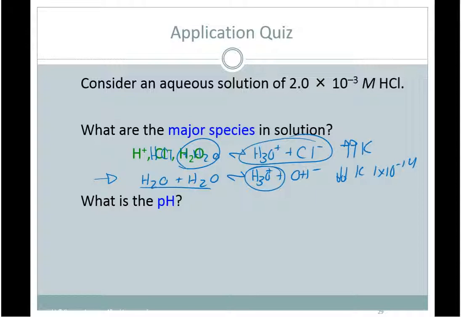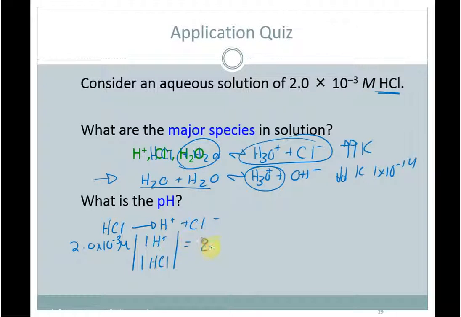So to calculate our pH, we know that whatever we have here is going to completely ionize. So if we have 2.0 times 10 to the minus 3 molar here, 1 HCl is always going to give 1 H plus.